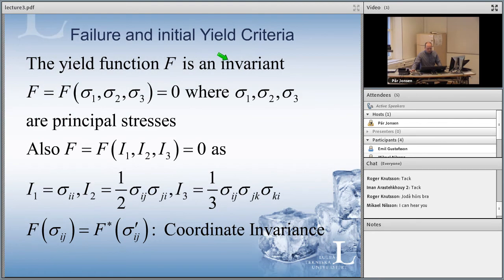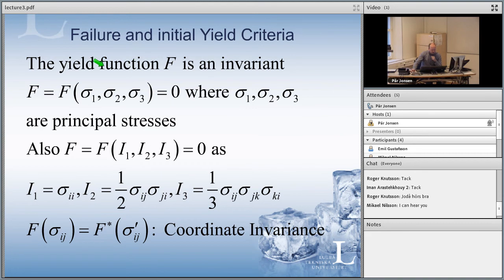So, continue with the failure and the initial yield criteria. The yield function can be dependent on many things. For example, the principal stresses that you have, sigma 1, 2, and 3. So these can be the variables for your yield function.